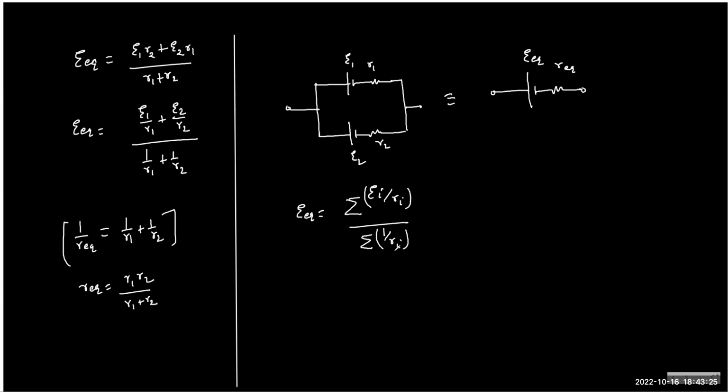So the takeaway is, if every cell is in parallel with the same polarity, so if for every one the plus is left and minus right or vice versa, if all polarities are the same, you simply add the ratios E1 by R1 for every cell, and you will get the equivalent. If the polarities are opposite, we have to change the sign, so we have to make it minus.